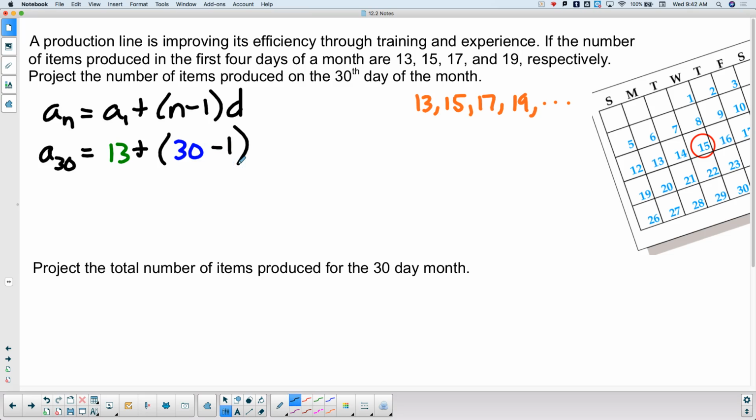The difference between each term? 2. Okay. 30 minus 1 is 29 times 2 is 58 plus 13 is 71.